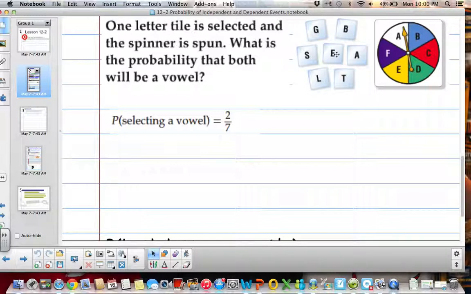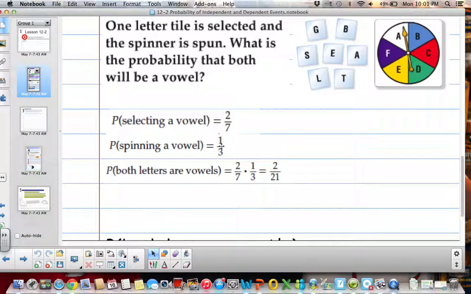The probability of spinning a vowel: there's 6 different spaces on our spinner and they're all equal, so it would be 2/6 because there's 6 spots and 2 vowels. 2/6 simplified would be 1/3. Probability that both letters are vowels, we would take 2/7 times 1/3 and we get 2/21.